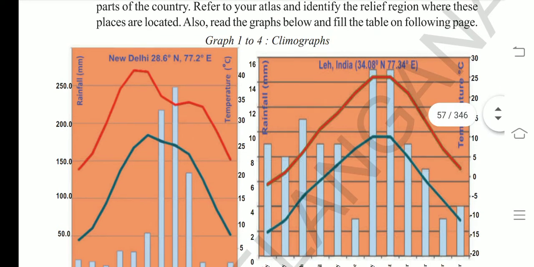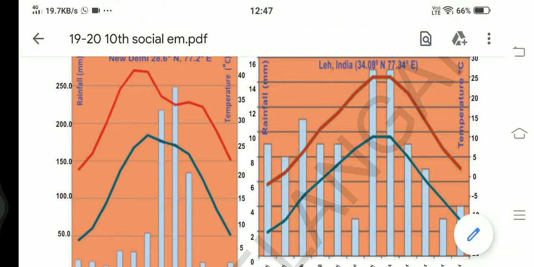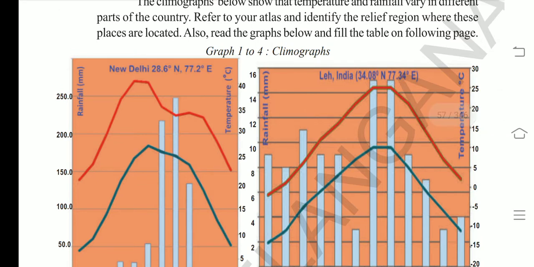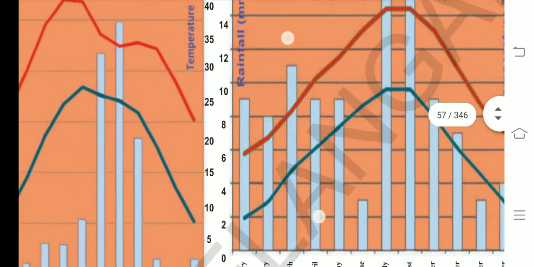Leh is situated at a greater height, Delhi at a somewhat lower height. As Delhi is at a lower height, it is recording high temperature, whereas Leh is recording very low temperature. Look at the mean maximum temperature in Leh.